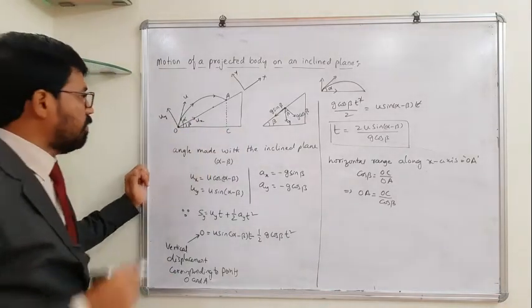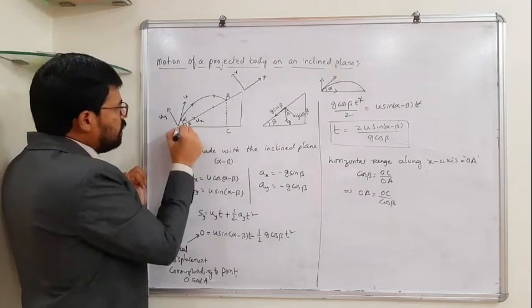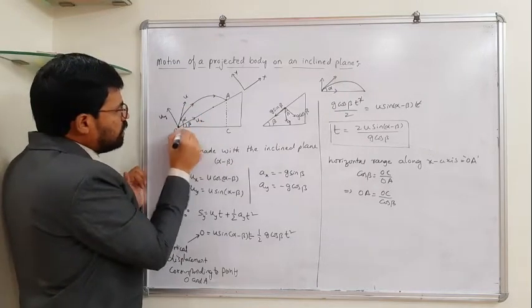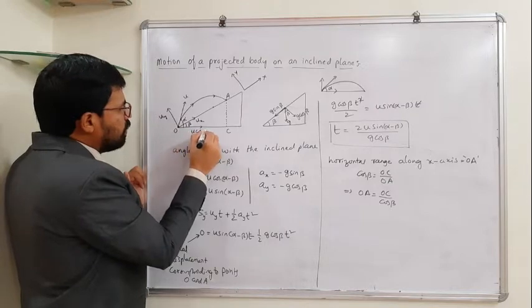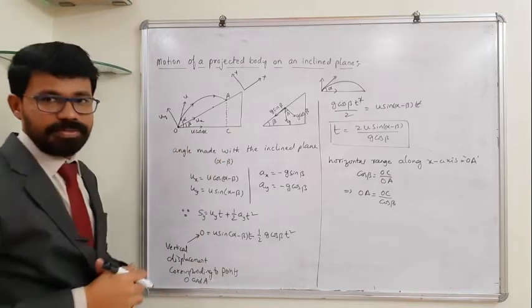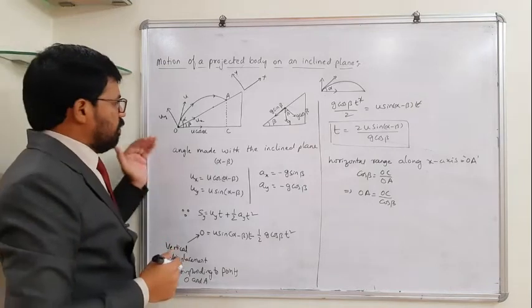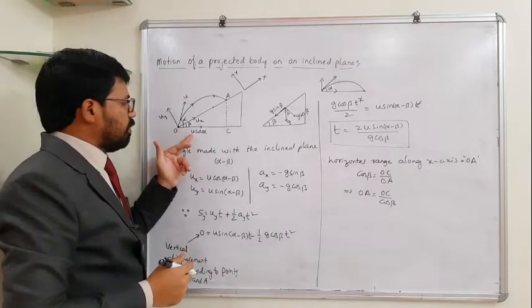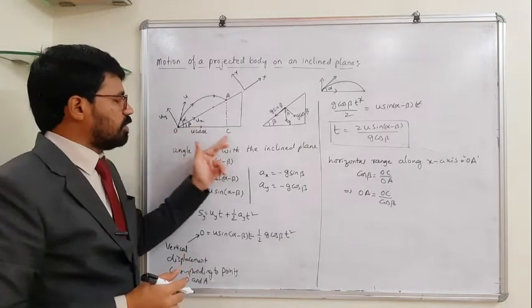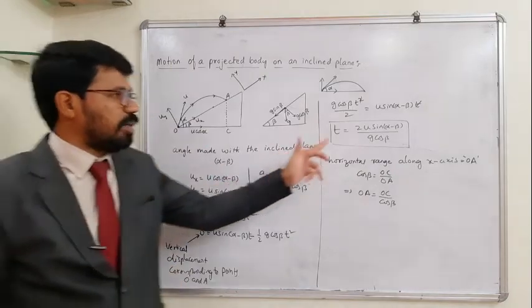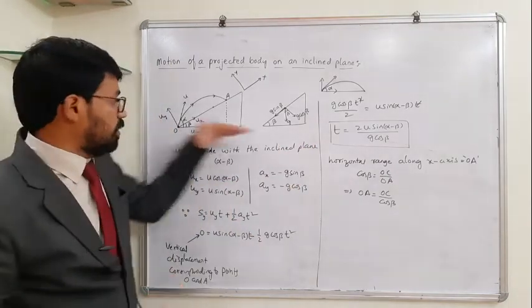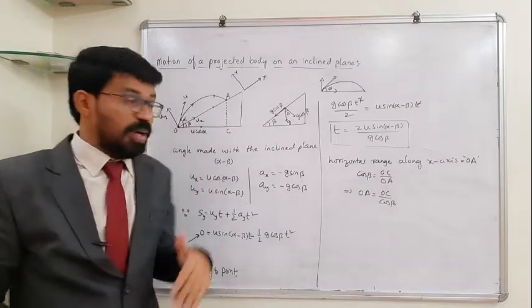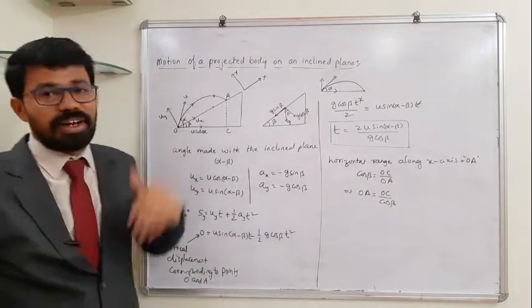Since u makes an angle alpha with the horizontal, the component along this direction is u cos alpha, and it remains constant. This is the horizontal component of velocity, parallel to the ground, not parallel to the inclined plane.